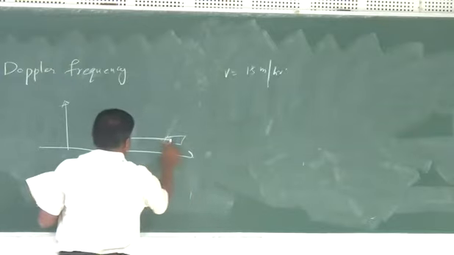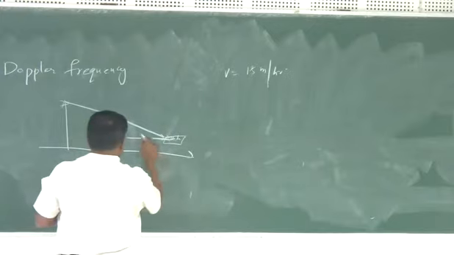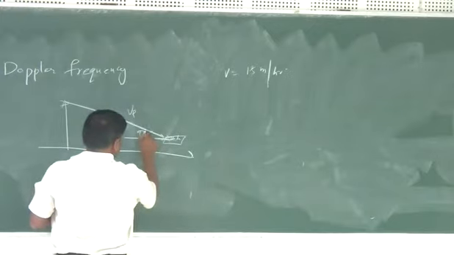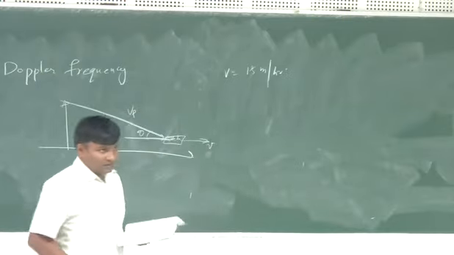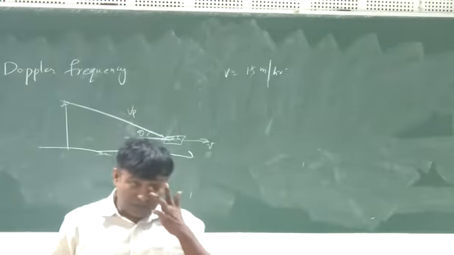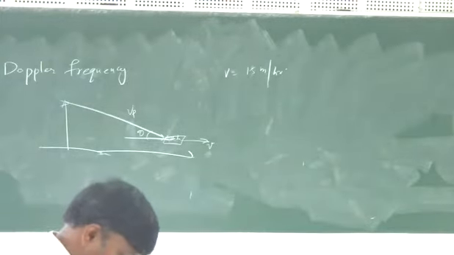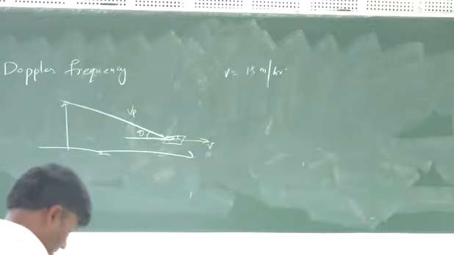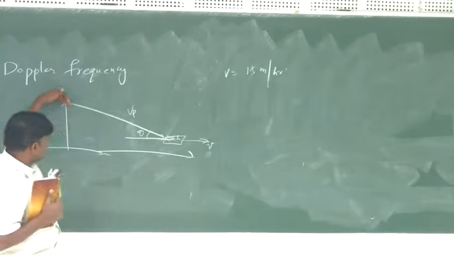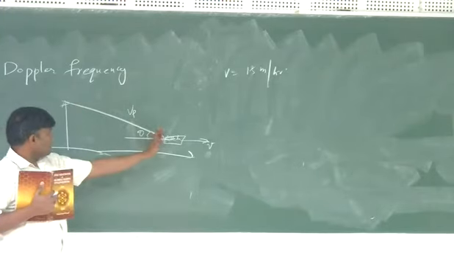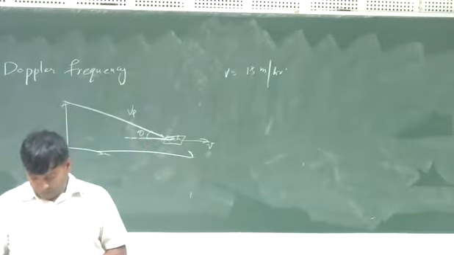The vehicle is moving at speed V kilometers per hour or V meters per second. What is this theta? Well, this is the angle at which the wave is incident. That could be any angle.